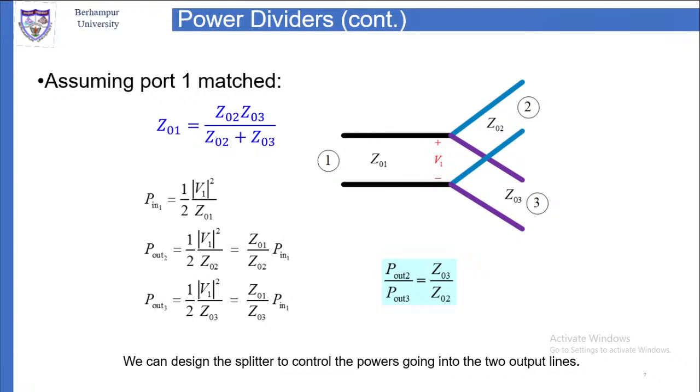Accordingly, the ratio of the characteristic impedances should be reciprocal of the power outputs along those transmission lines. So we can design the splitter to control the powers going into the two output lines.